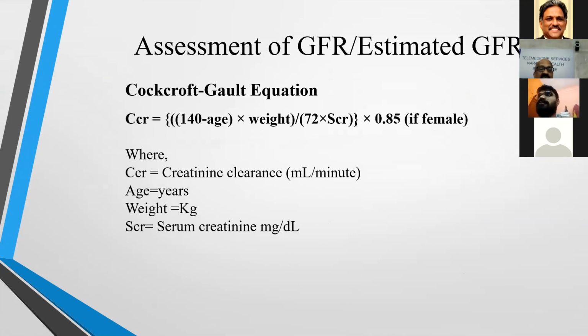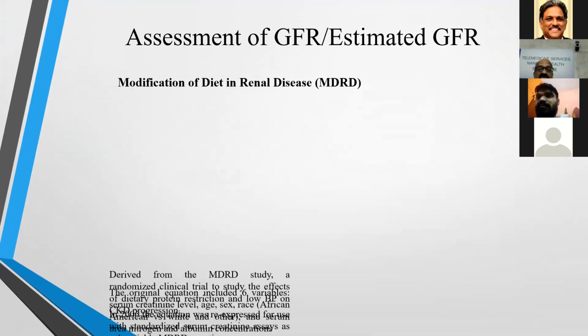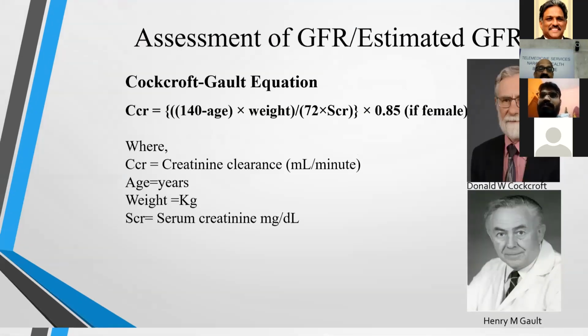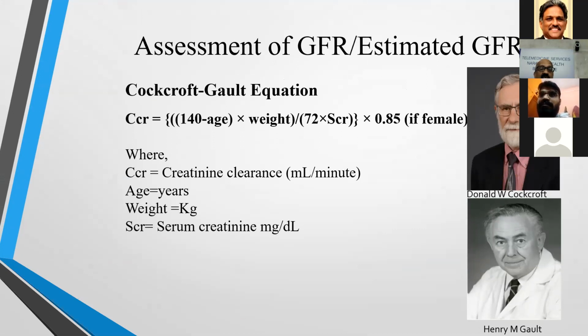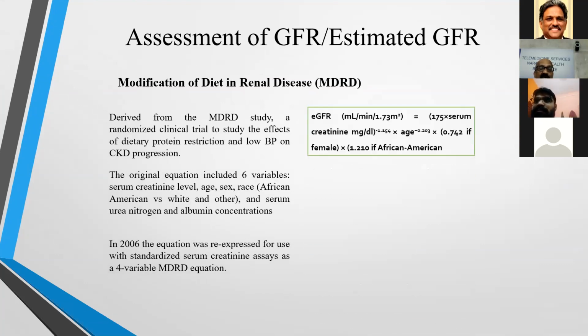If you know the age and weight, and the serum creatinine value and sex of the individual, you can get a rough estimate of the glomerular filtration rate. This is usually used in most of the biochemistry labs. When you get the serum creatinine, alongside it you get the estimated glomerular filtration rate, estimated either using the Cockcroft-Gault equation or using the modification of diet in renal disease formula.